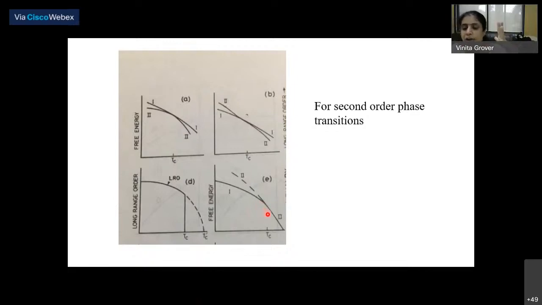Because when a second order phase transition happens, it means the end of 1, converted to 2. Something has happened which has changed 1 into 2, and now 1's identity doesn't exist at all. I hope this is clear. Think about it. We can also talk about it again in the next class towards the end.